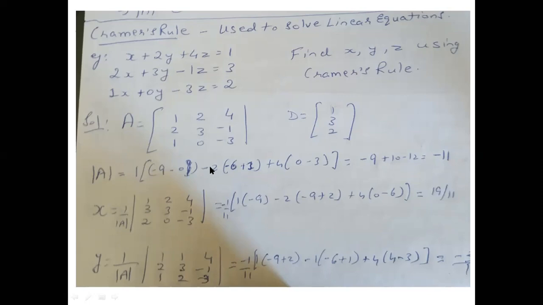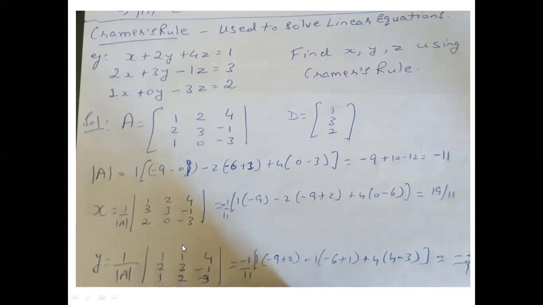We only replace the second column, because the second column comprises the coefficients of the y variables in the three equations, which are 2, 3 and 0. So we replace that with the values on the RHS of the three equations. So 2, 3, 0 in matrix A is replaced with 1, 3 and 2.